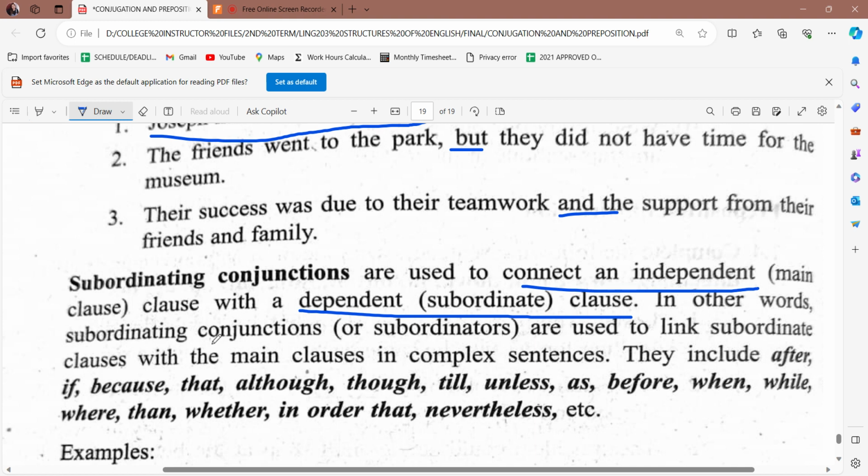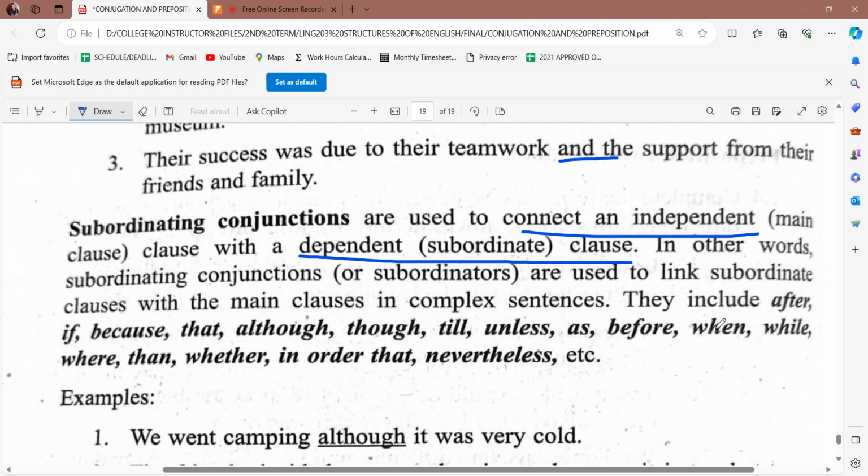In other words, subordinating conjunctions, or subordinators, are used to link subordinate clauses with main clauses in a complex sentence. They include after, if, because, that, although, though, till, unless, as, before, when, while, where, than, whether, in order that, nevertheless, etc.